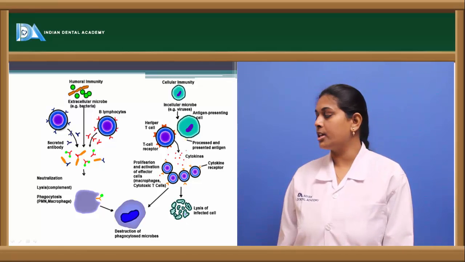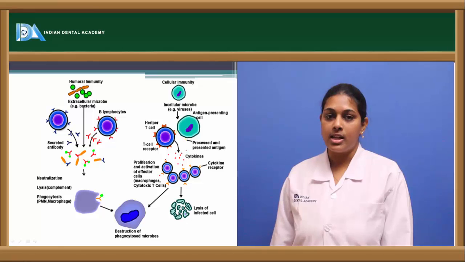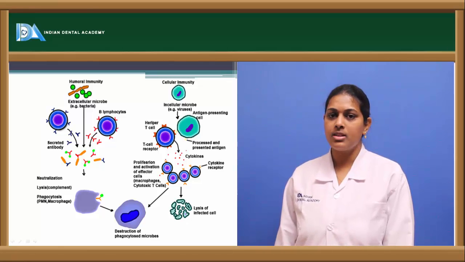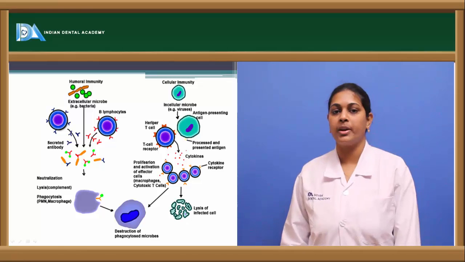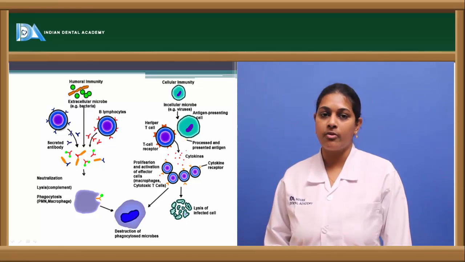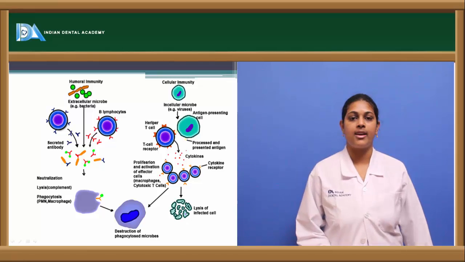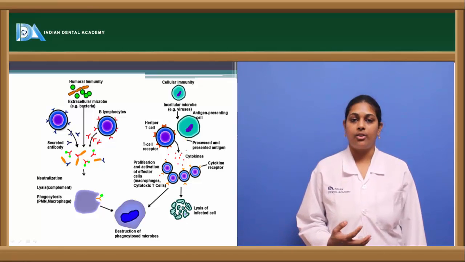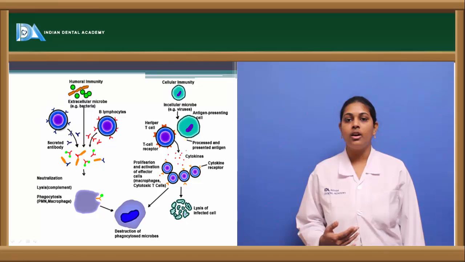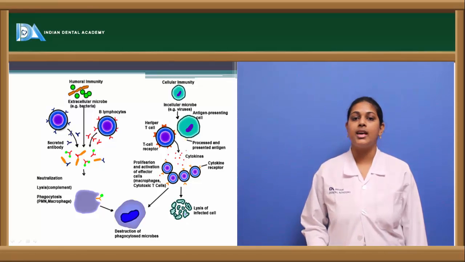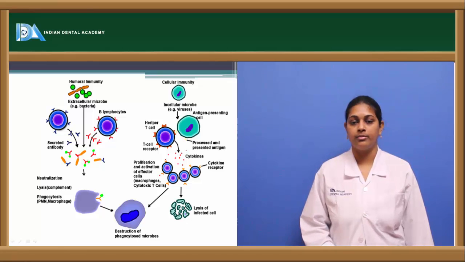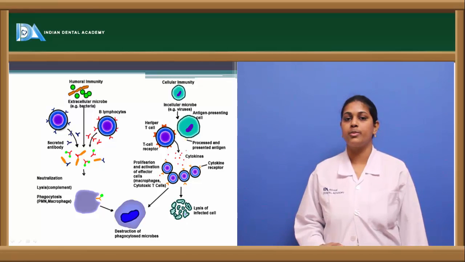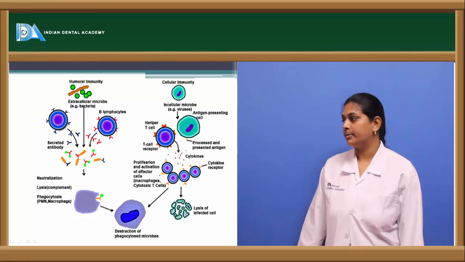Whereas in cell-mediated immunity, the cells which mediate the immune system could be the monocytes, macrophages, eosinophils, mast cells, basophils, natural killer cells, or the population of lymphocytes. So it is known as cell-mediated immunity, and otherwise it is known as humoral immunity because it is carried out by the body fluids.